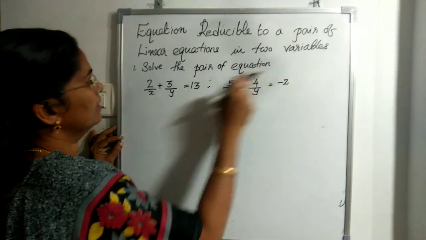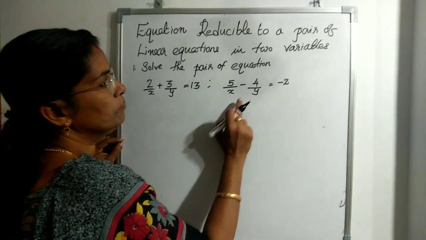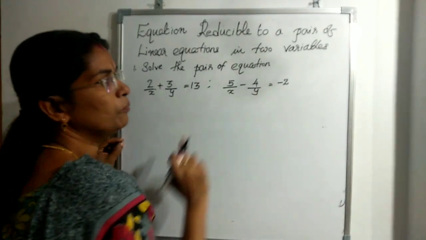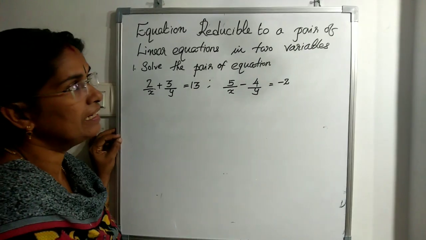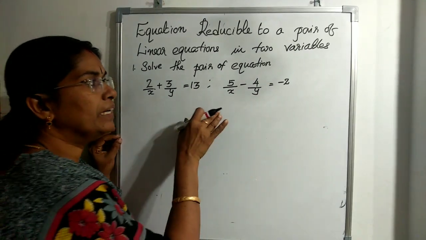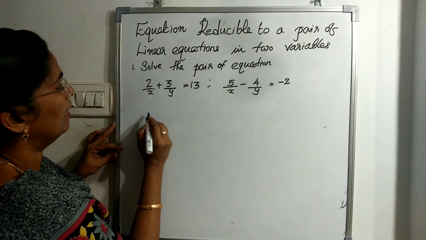Solve the pair of equations 2 by x plus 3 by y is equal to 13, 5 by x minus 4 by y is equal to minus 2. Now the given equations are not linear, so we have to make them linear by substituting.